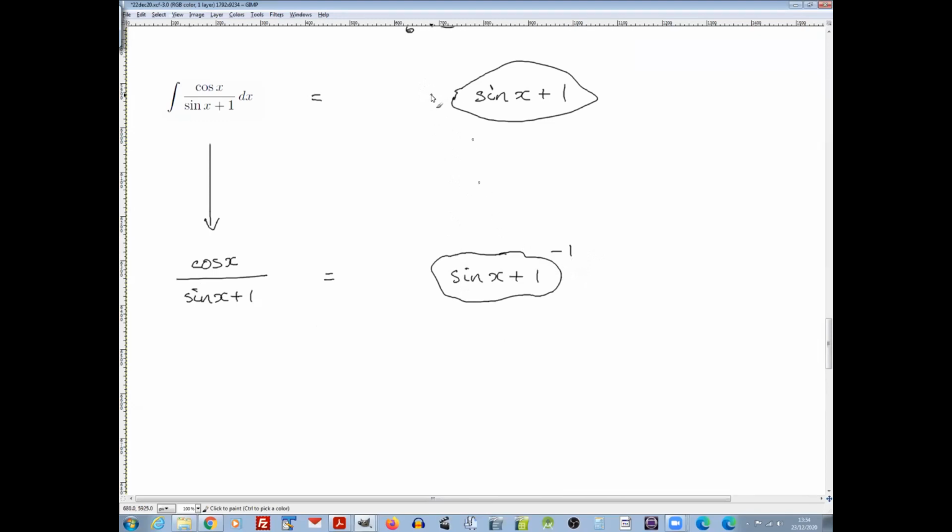The outer function up here must be ln, yeah. And then that will differentiate to cos x.